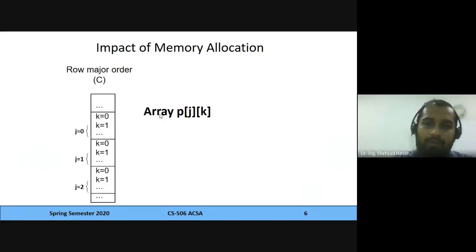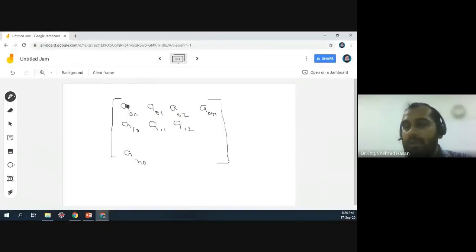So if you're talking about C or the different other versions, they are going to store this array in row major order. Now, if you come back to the diagram, row major order means that the rows are going to be traversed first, and when the row finishes, then you're going to move to the next row, and to the next row, and to the next row. And this is how you're going to store that.